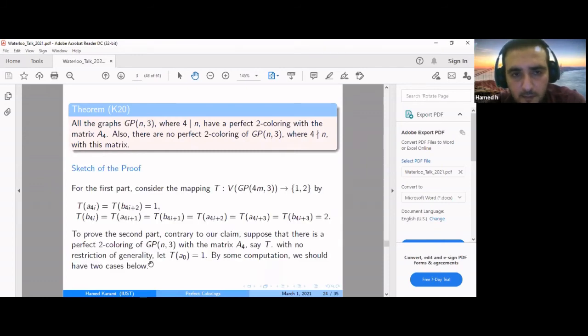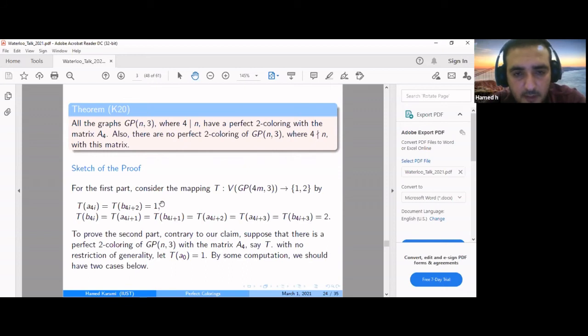And this is a theorem for a perfect two-coloring with the matrix A4. All of the graphs GP(n,3) where 4 divides n have a perfect two-coloring with the matrix A4, although there are no perfect two-colorings of GP(n,3) where 4 doesn't divide n with this matrix.